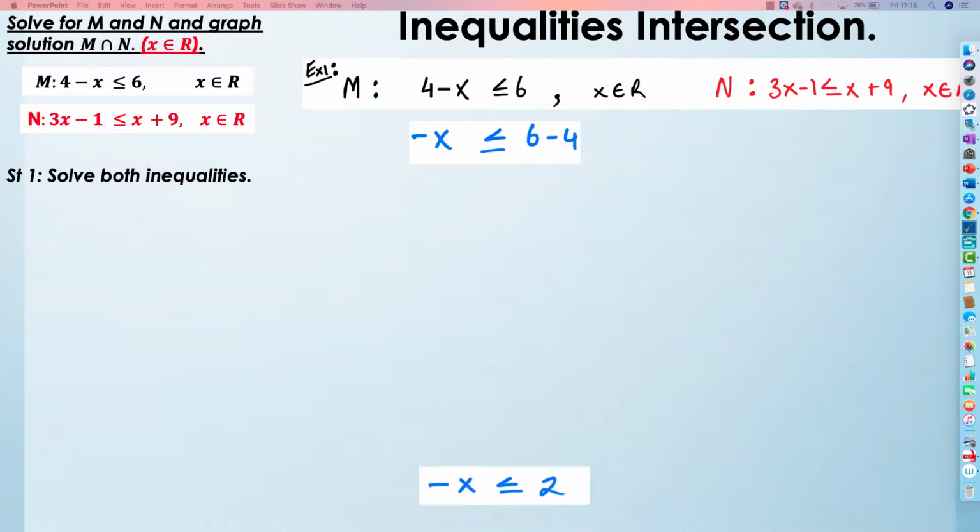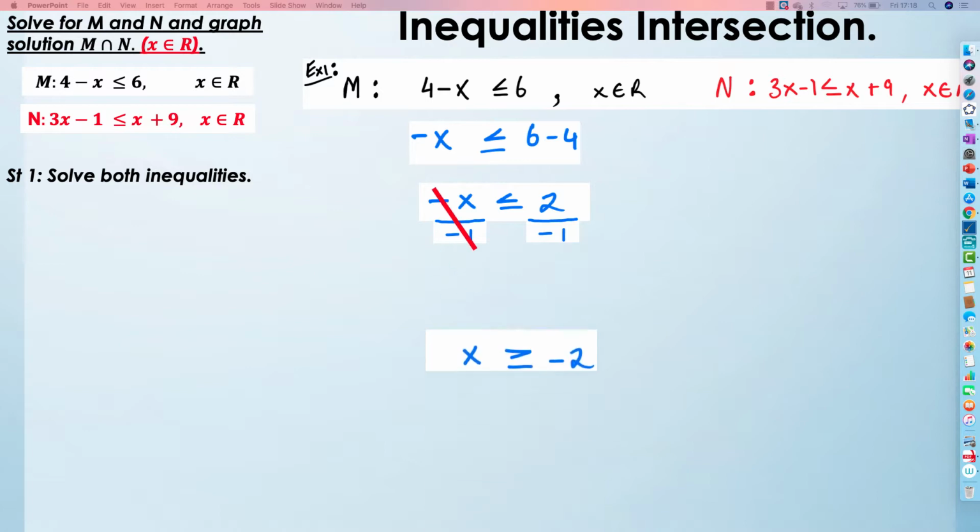Minus x is less than or equal to 2. Divide by minus 1, because minus 1 is the number in front of x. x is greater than or equal to minus 2. Why did the sign flip? Divided by a negative number, exactly.